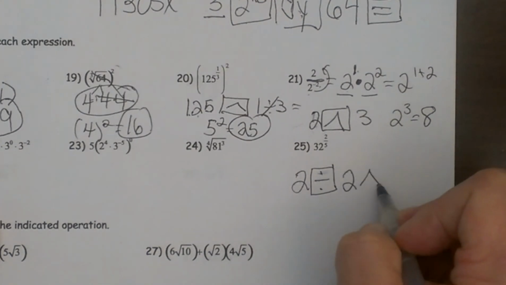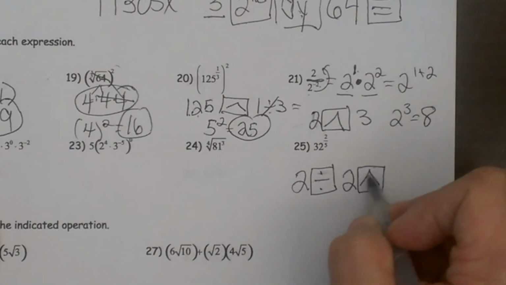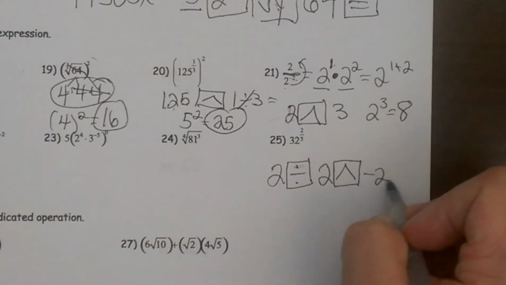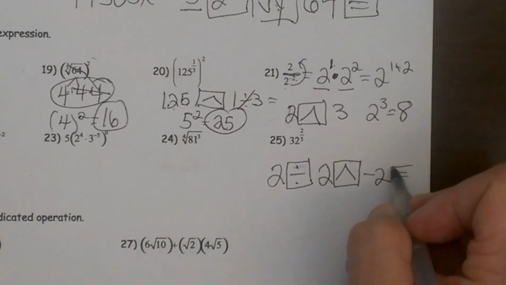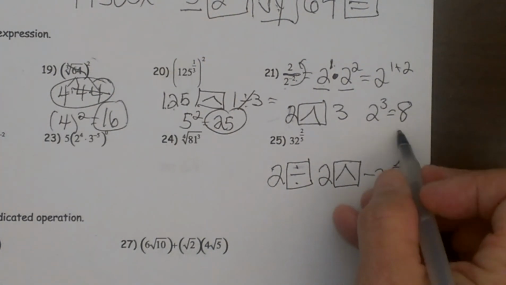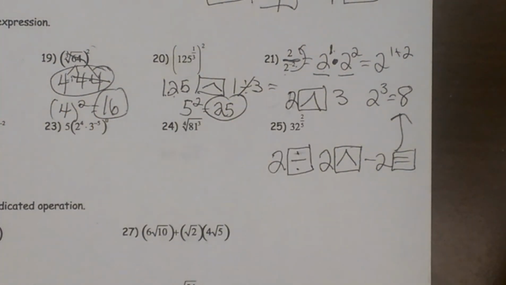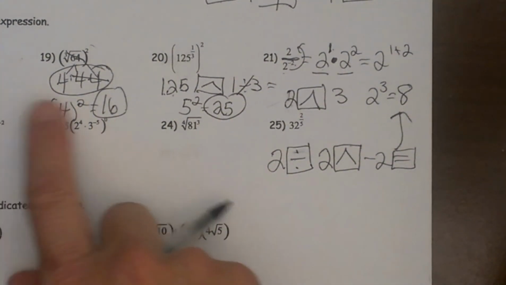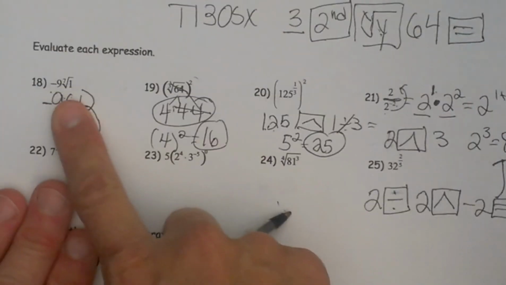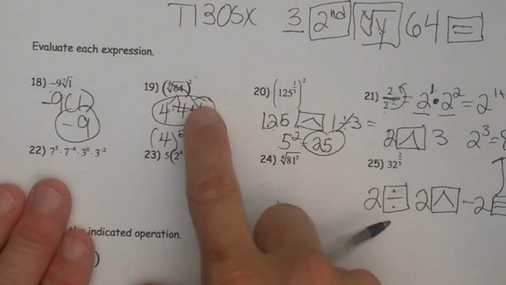So to the -2nd, you hit your exponent key, which looks like a little mountain, to the -2nd, and hit your equal sign, and you should get the same answer, which is 8. So there you go. There's a few examples of how to deal with evaluating radicals and rationals.